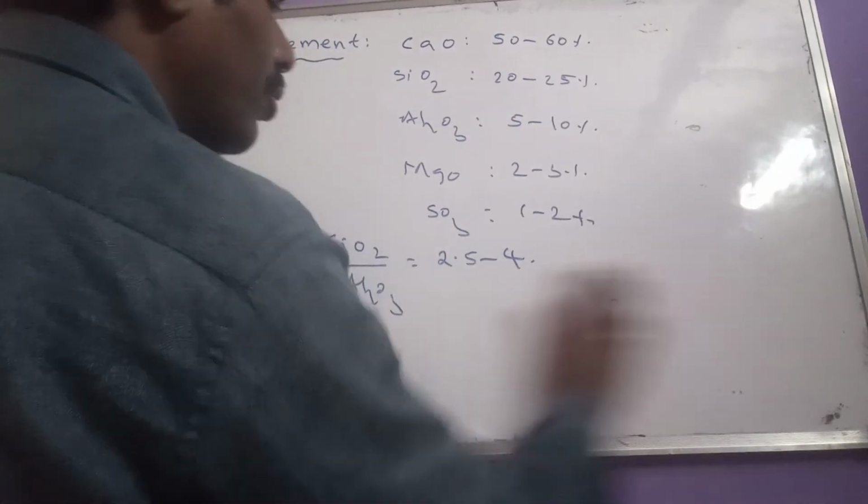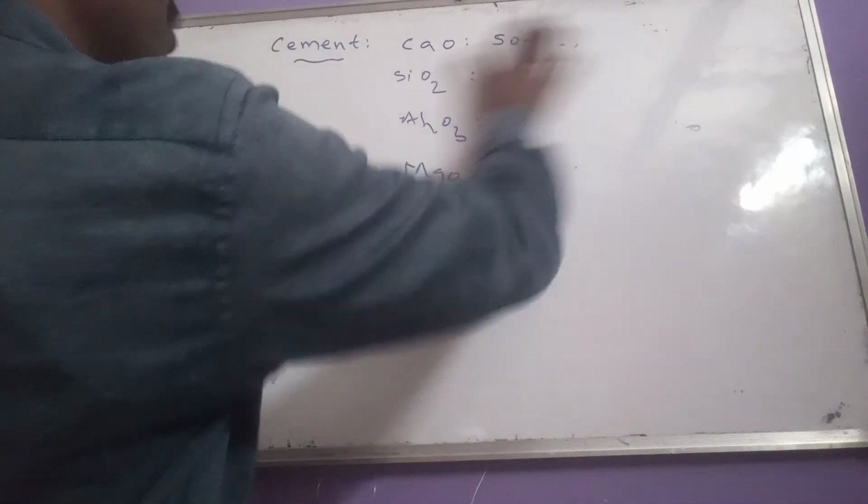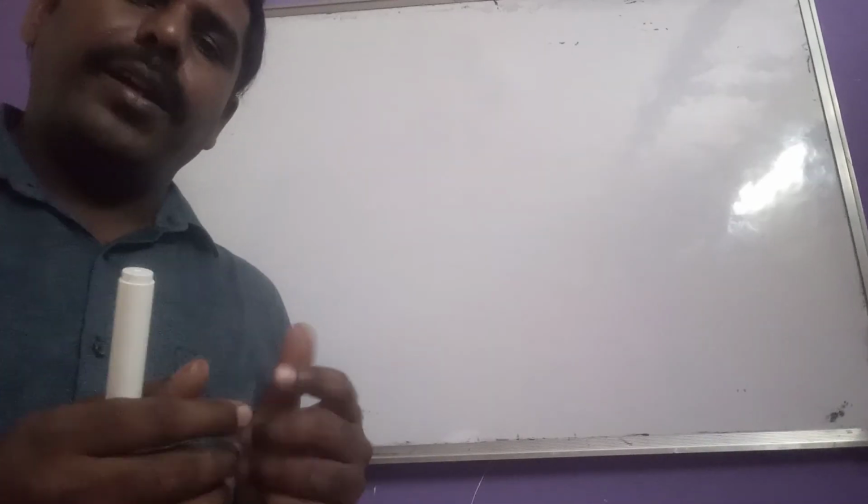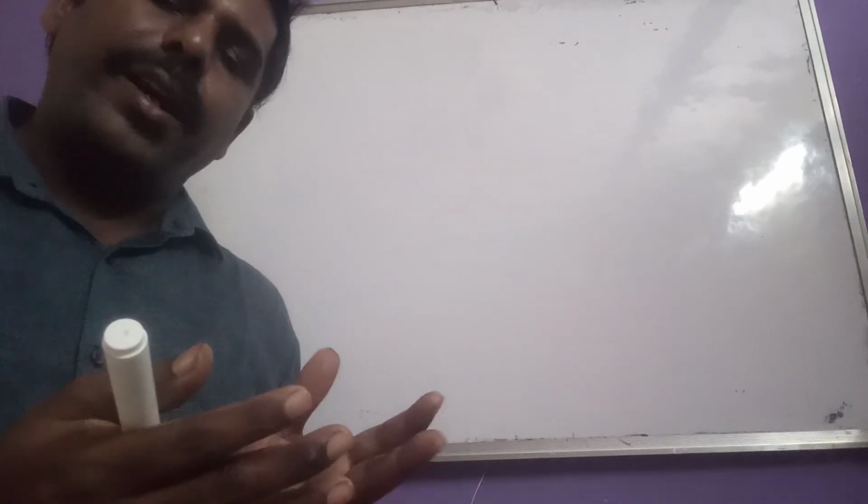So what is the use? Let us see here. For the hardening of cement, generally we use water. But if the hardening process takes place too fast, it may not become a hard mass.